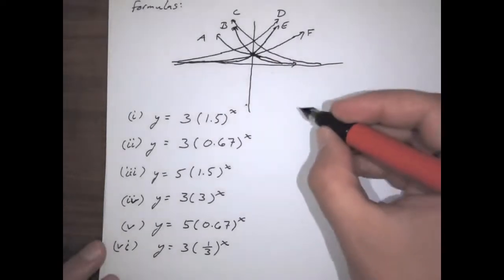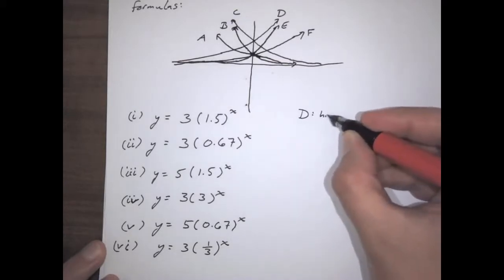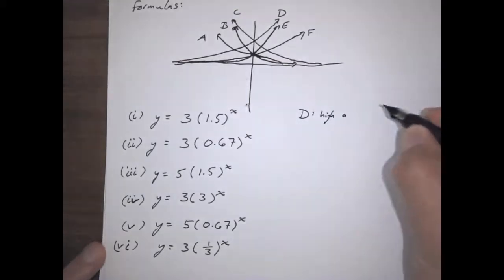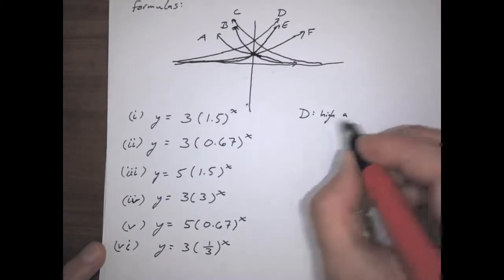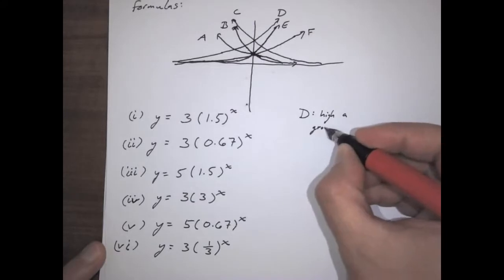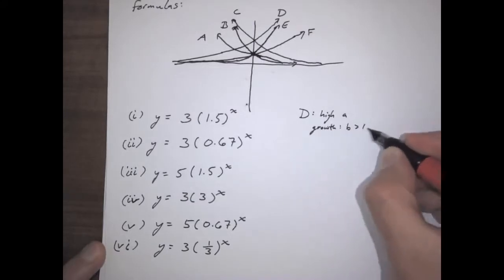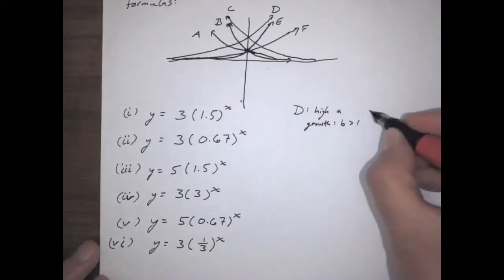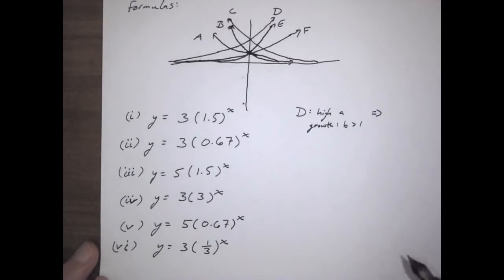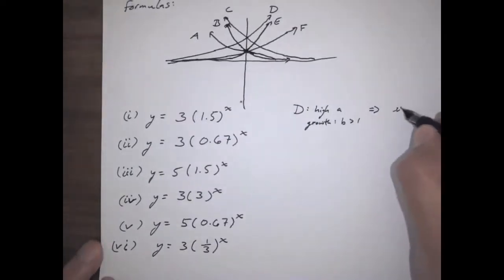So d has a high a, and it has growth, which means b is bigger than 1. Which means that out of all the choices here, it could only be function 3.